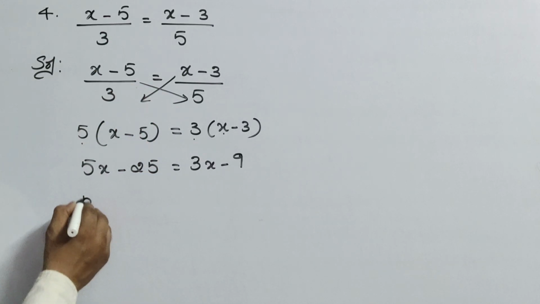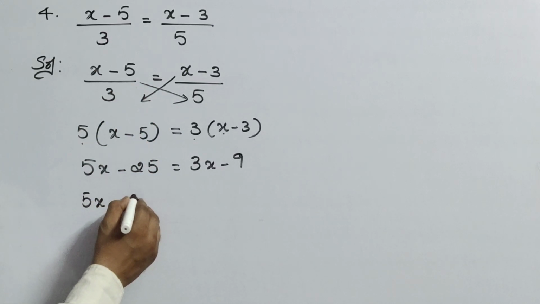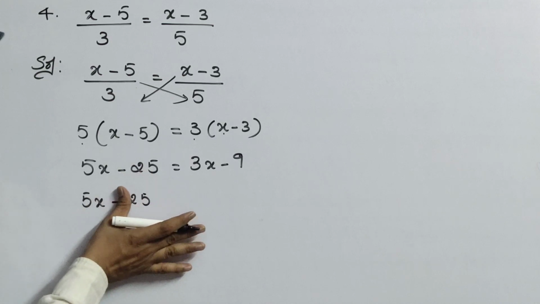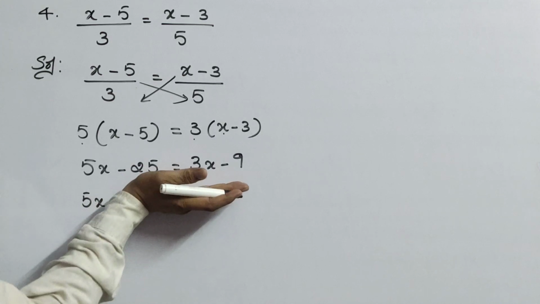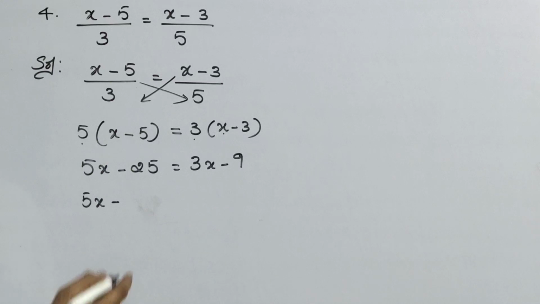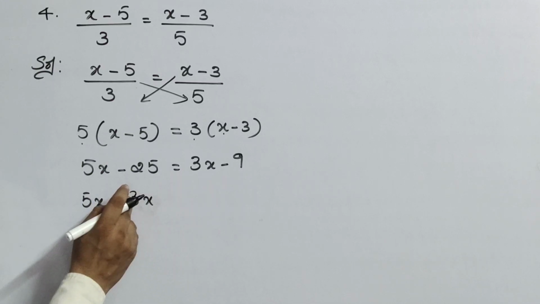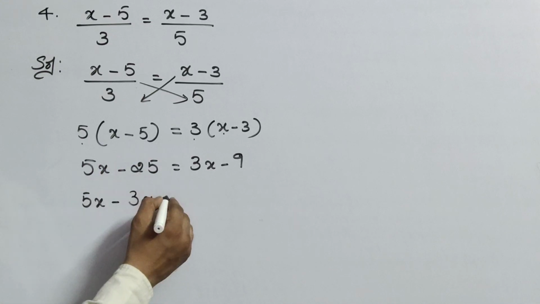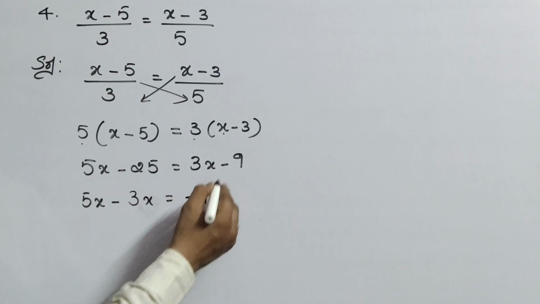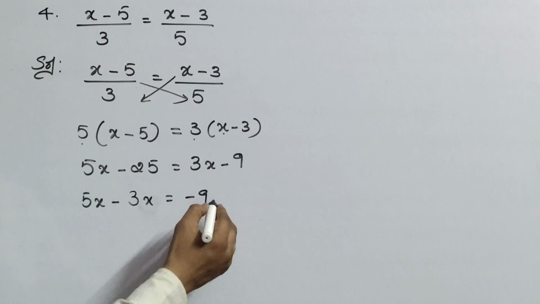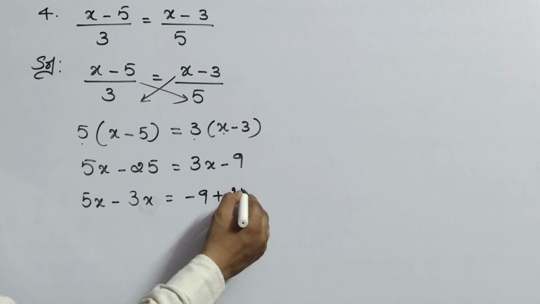Okay, so 5x minus 25. Bring all the x to the left hand side, plus 3x will come this side, means minus 3x, equals minus 9, and minus 25 will go that side, means plus 25.